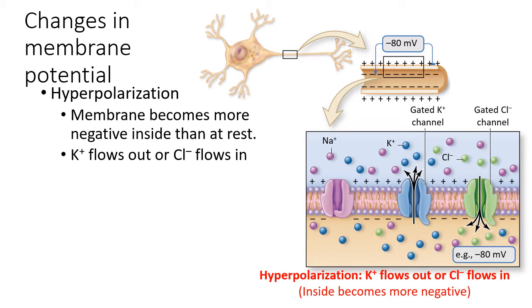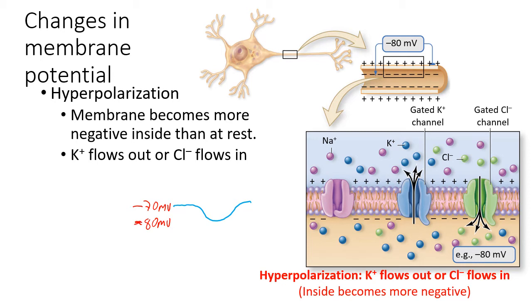At the same time, we can also generate hyperpolarizations. So again, if we are starting at negative 70 millivolts, and we cause that voltage to go down even further, we now have a hyperpolarization.